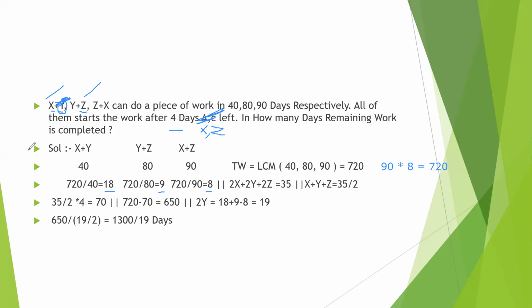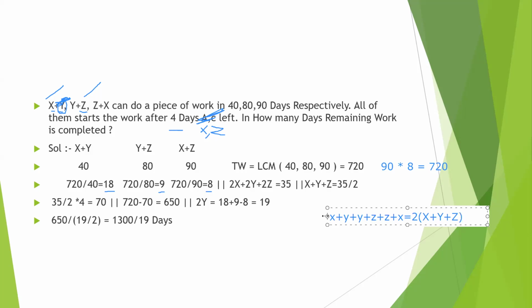Now, you can add these: x plus y, y plus z, and z plus x, and get a value. What do we get? x plus y plus y plus z plus z plus x can be written as 2 into x plus y plus z.